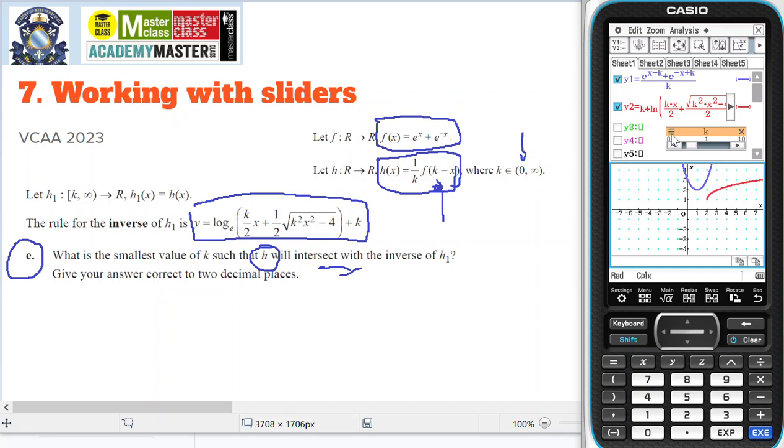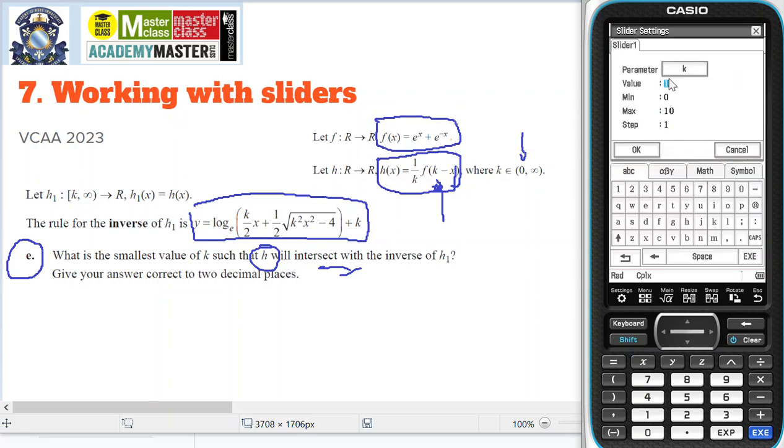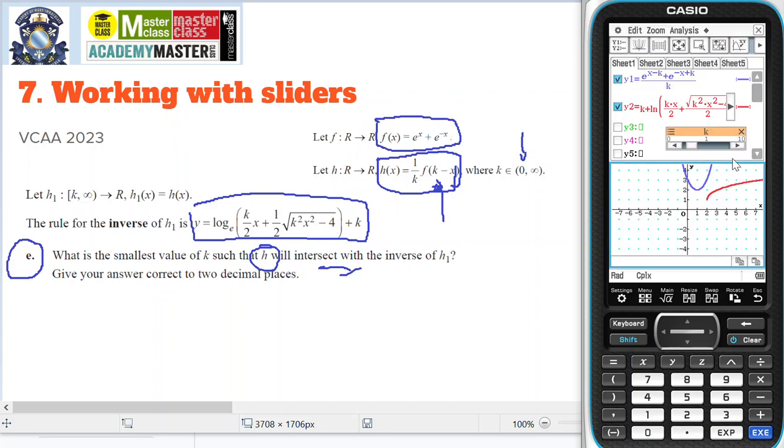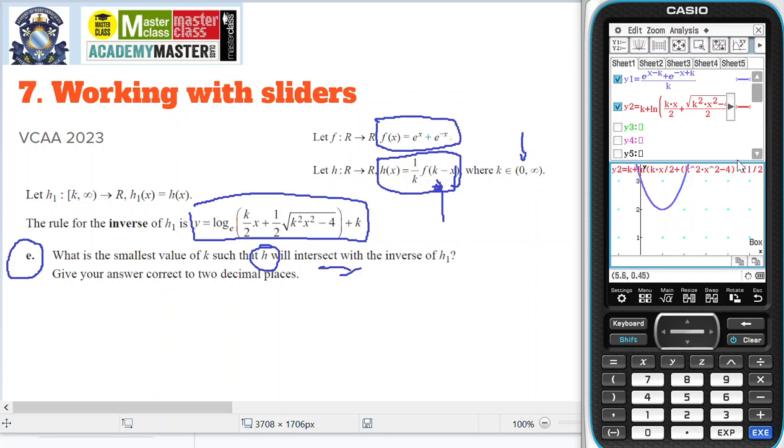So how about we play with the settings a little bit? We'll start at 1 and we'll go up by 0.1. So 1 has none, 1.1 has none, 1.2 has none, 1.3 certainly has an intersection.